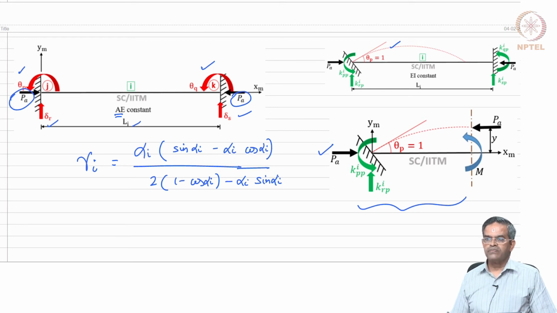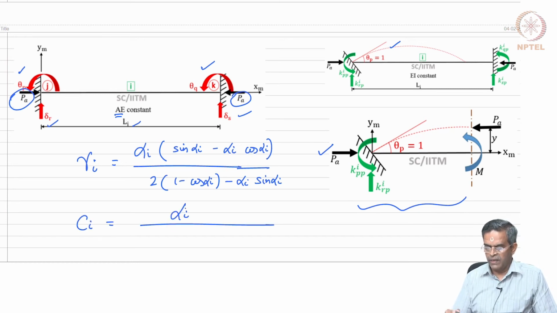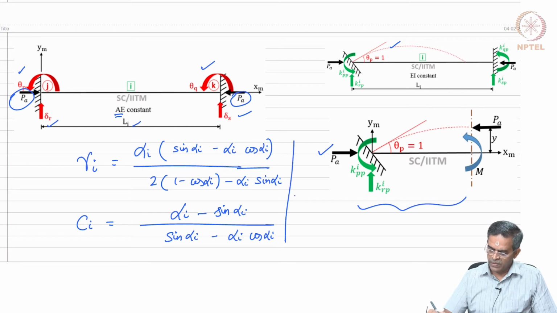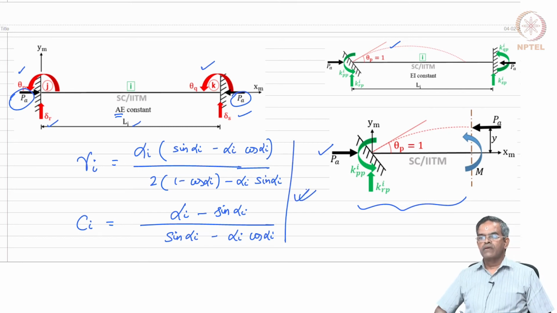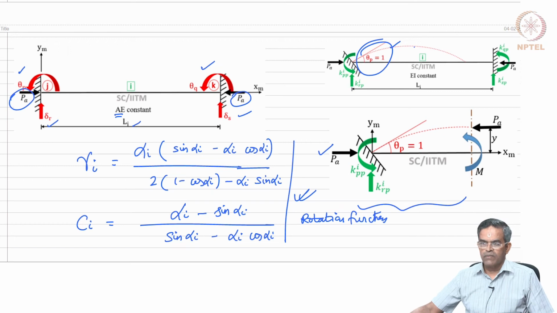This was Ri, and Ci we derived as alpha i minus sin alpha i by sin alpha i minus alpha i cos alpha i. They are called rotation functions because we derived them by giving unit rotation.